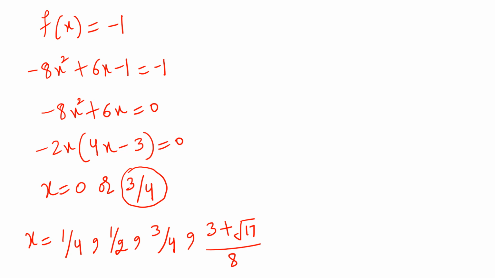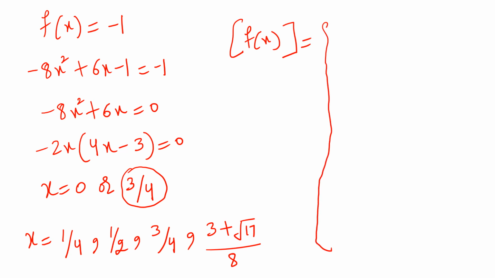Why? Because at these values of x, f of x becomes an integer. Now students, I am listing all the possible values of the greatest integer function of f of x in the closed interval 0 to 1. You can easily find out these values from the graph itself.